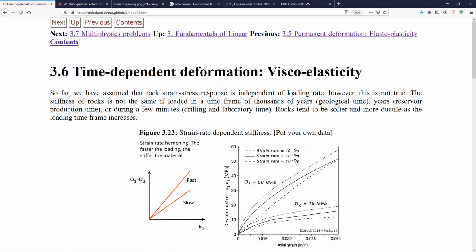In the assumption of elasticity, we are also assuming that the deformation is independent of time, that we have almost an instantaneous response and a final state to every action that we apply. However, that's not true. In real rocks, sometimes the rocks take their time to react and to develop either a strain or a stress. And there are three typical manifestations of time-dependent deformation that usually are explained under the theory of viscoelasticity.